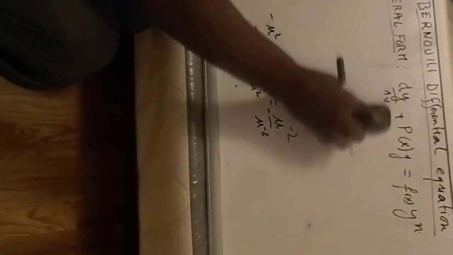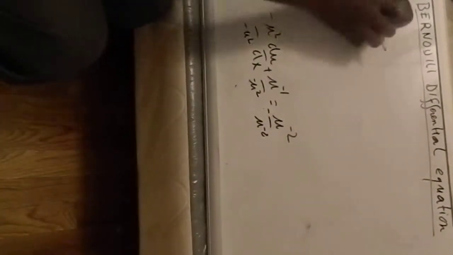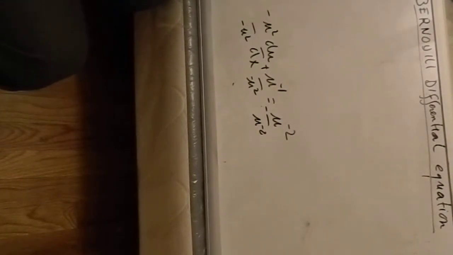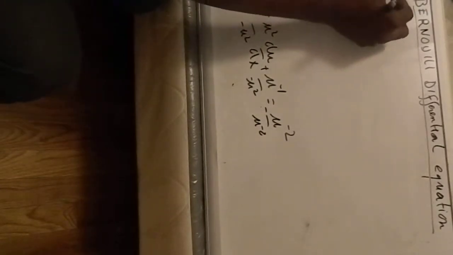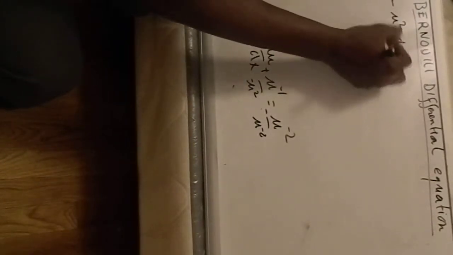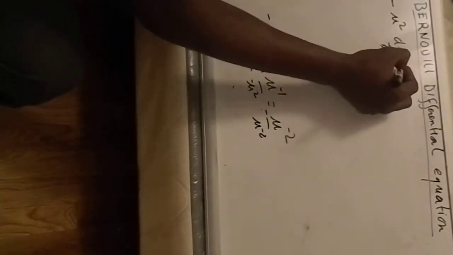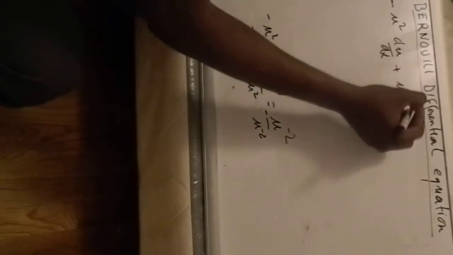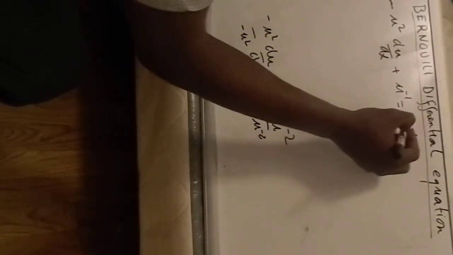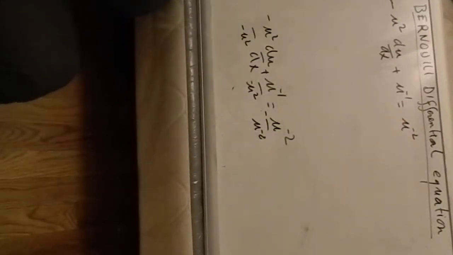My equation can be rewritten in this form: negative u to the negative 2 du/dx plus u to the negative 1 equals u to the negative 2.